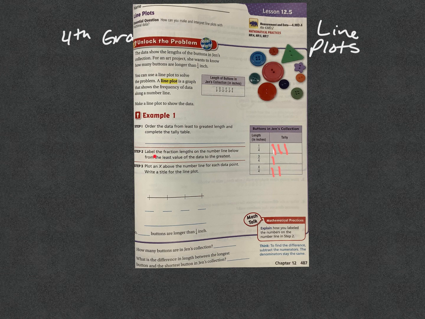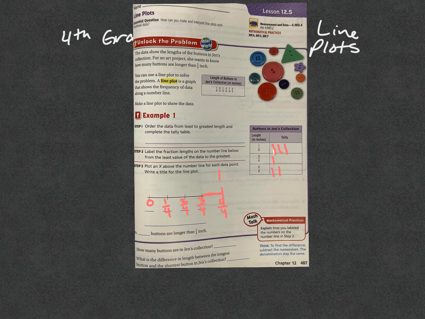Now we'll label the fraction lengths on the number line below from the least value to the greatest value. So we have 0 and 1 whole. I'm going to extend this out. So this is 1/4, 2/4, 3/4, and 4/4, 1 whole.